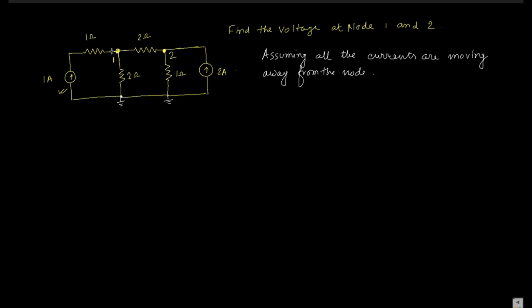That is 1 ampere, because it is a constant current source. It is capable of supplying 1 ampere current. So if you write down the node equation, consider this node as V1 and that as V2, node 1 and node 2. So V1 by 2 plus V1 minus V2 by 2 is equal to 1.